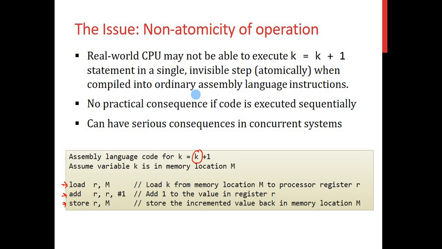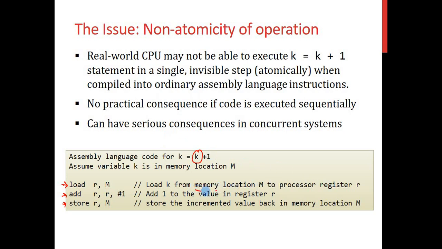Even though we write this k equals k plus 1 as a single line in your C program, we know from how a processor architecture behaves that k equals k plus 1 is actually multiple instructions at the lower assembly level. In order to execute this code, I need to first load the data that is already in memory location k into a register.